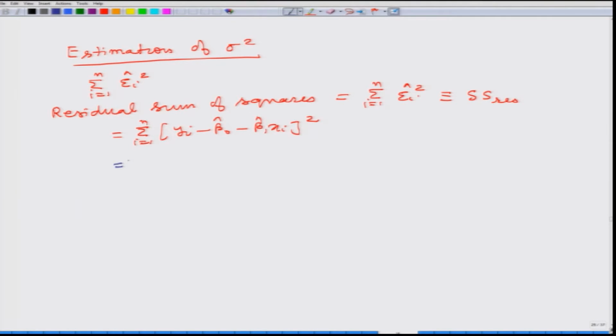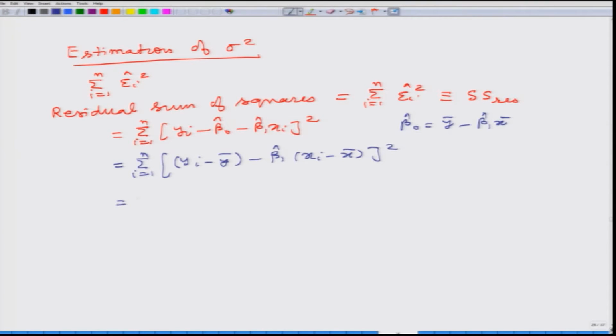I can now substitute the value of beta 0 hat, which is equal to y bar minus beta 1 hat x bar, and then this becomes y i minus y bar minus beta 1 hat times x i minus x bar, whole square.